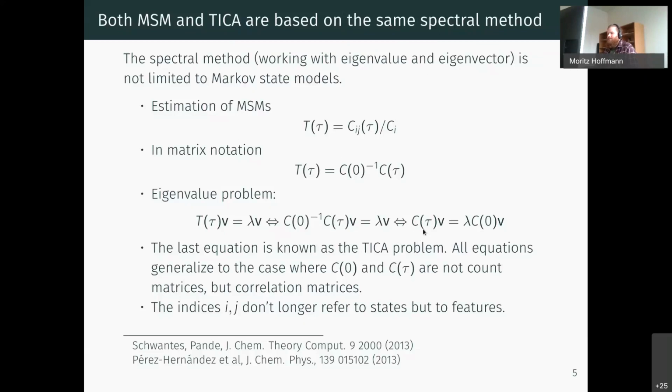And now the rows and columns of the C, the count matrix, no longer refer to counts, but rather to features that come out of your featurizer. And the C's are no longer count matrices because you cannot count in continuous space, but they are correlation matrices.